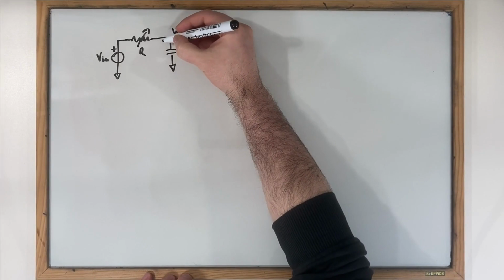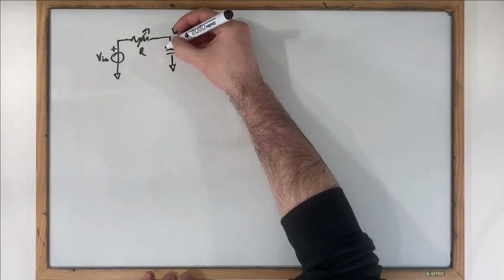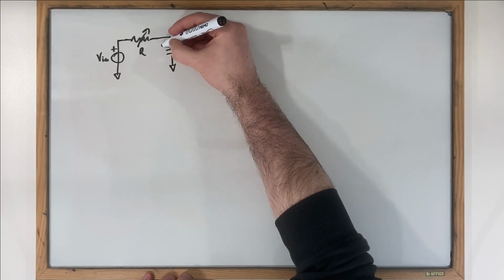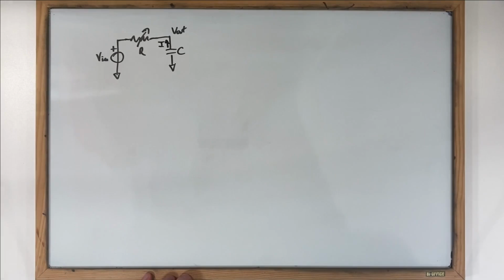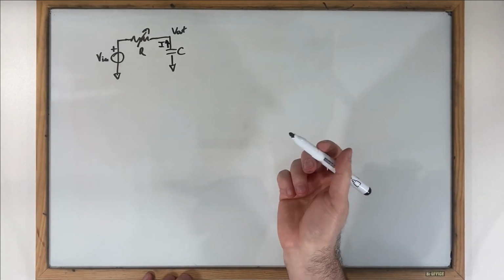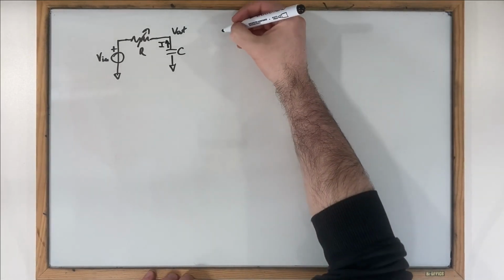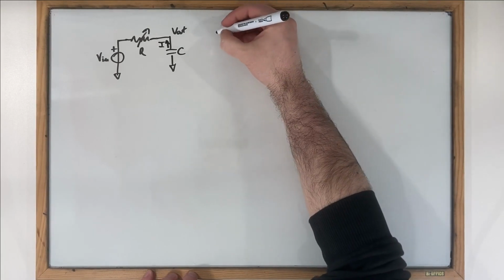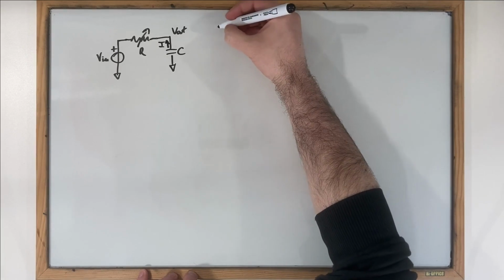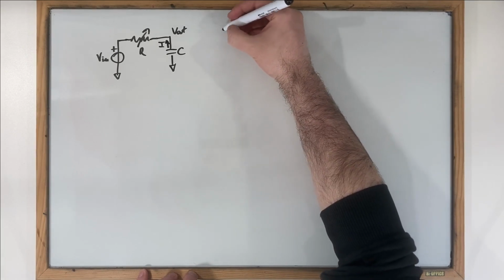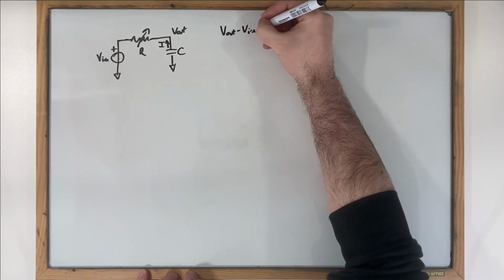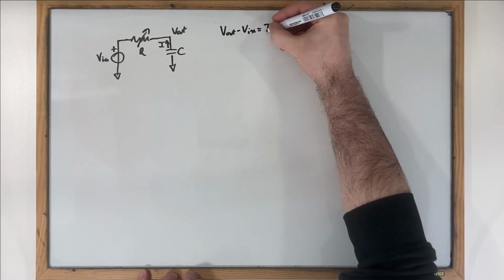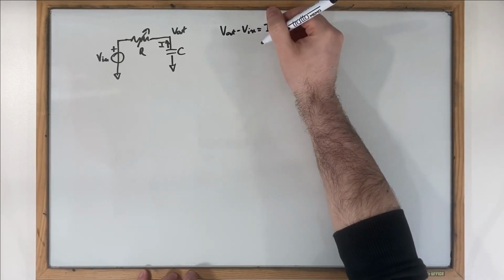And we will have one current that goes through all components in this circuit, since everything is connected in series, which we will call I, and we will take it in this direction. Okay. So we can derive our mathematical model for this system, which is quite simple. We start with the resistor, so we have that Vout minus Vin equals I times R by Ohm's law.